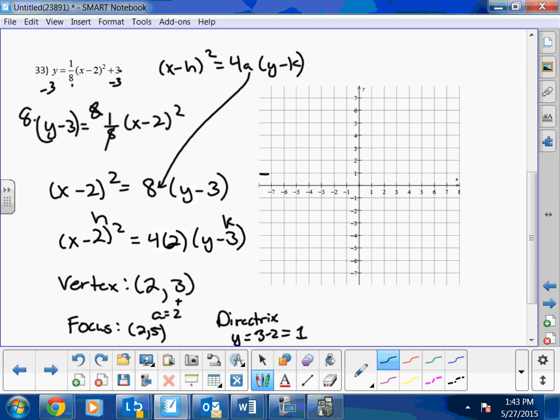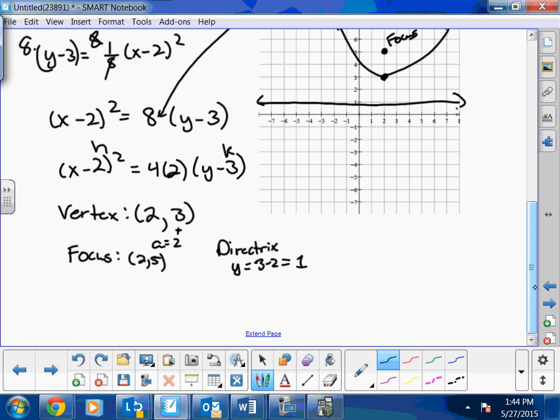So we have a directrix at y equals 1, center at (2, 3), and an equidistant point here, which is the focus. If I want to grab two other points, I can, and they might ask you for that. But I'm going to draw it to save a little time. Make one of the points, make one of the y's go to the directrix, and then you can get the other two points if you want a really nice looking parabola.